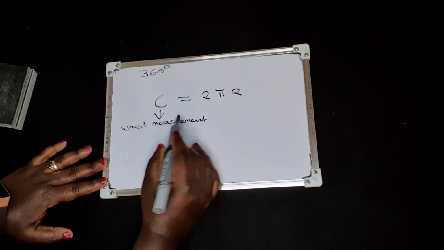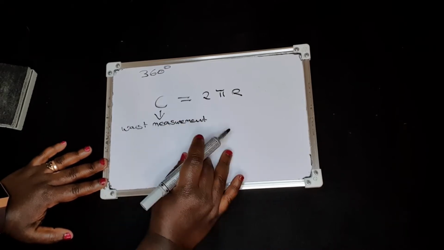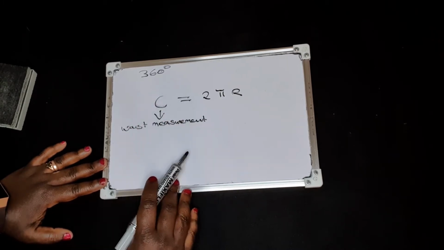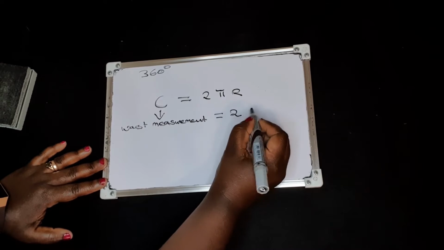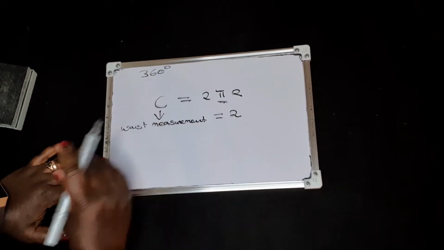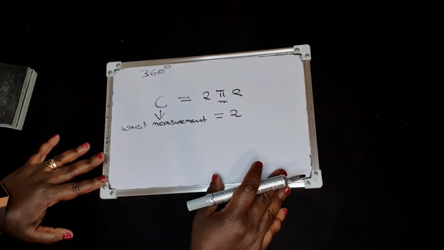So C is going to be substituted by the measurement that you take of your client, or if it's for yourself, you have to measure yourself. Then 2 pi already has a value, so you don't have to stress about that. This was calculated many years ago by mathematicians, so it makes your work easy.